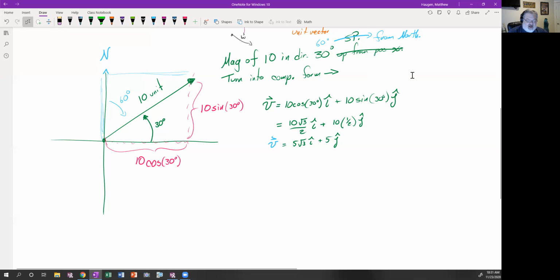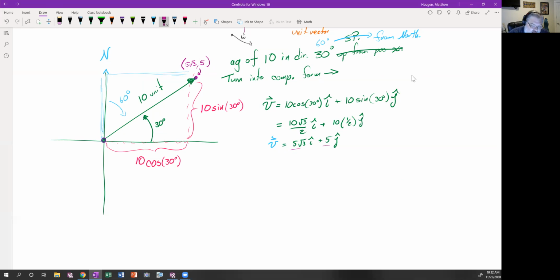Remember, we could draw this vector anywhere that we wanted to. It's just often handy to put that tail at the origin. And the coordinates of that XY point, we know the coordinates of that XY point because we know this goes over 5 square root of 3, and we know it goes up 5. Right? Because we know that's the amount of horizontal and vertical displacement we have.